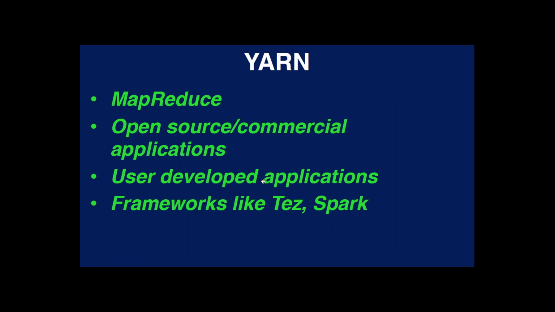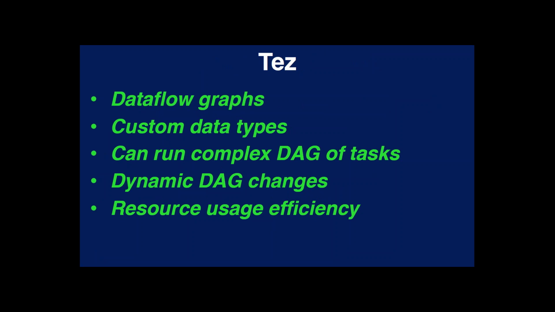So it is an execution framework. Tez uses data flow graphs, and it can run complex DAGs of tasks. It is mainly used for Hive and Pig, where a larger number of tasks will be there, and a DAG of tasks has to be handled.